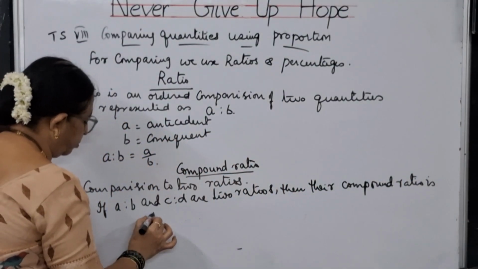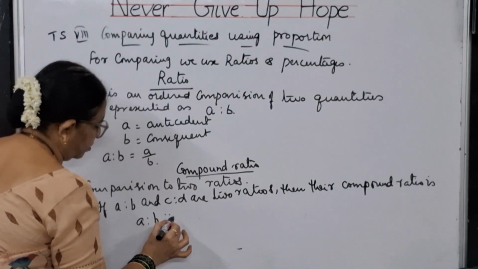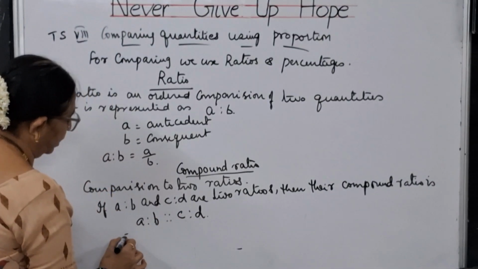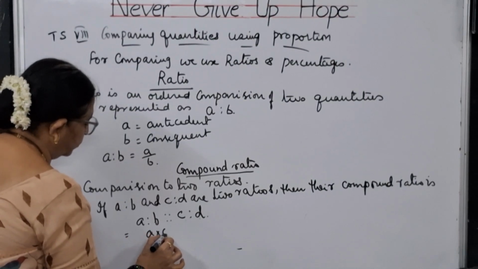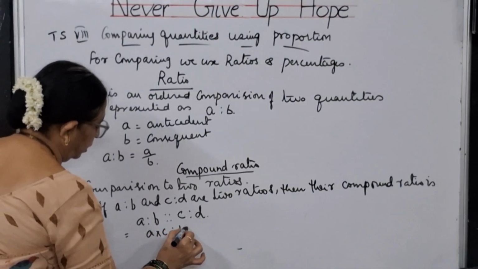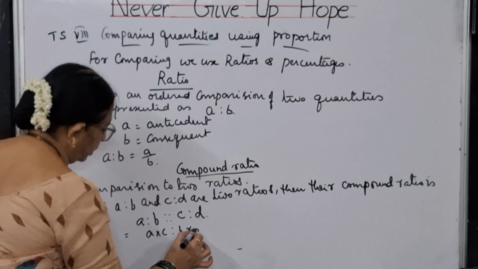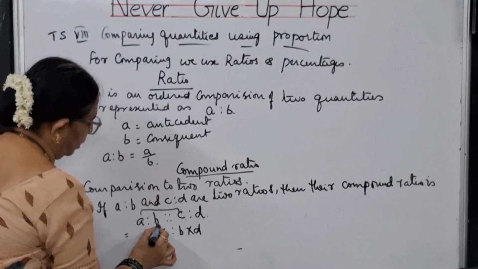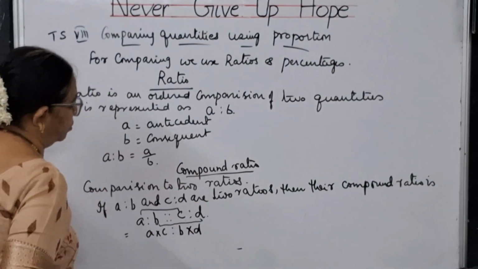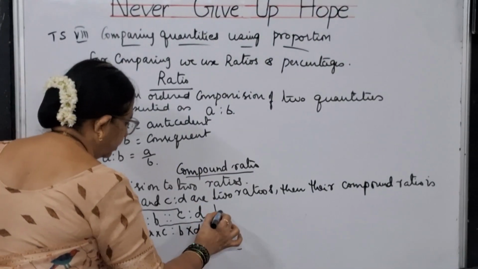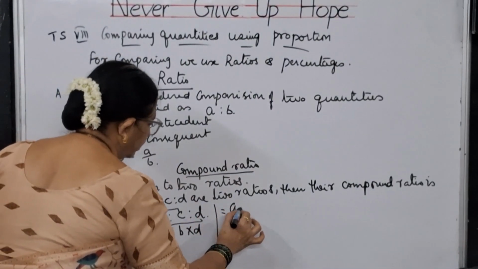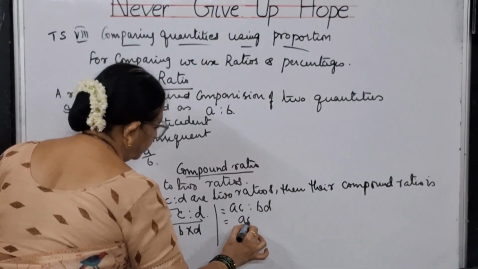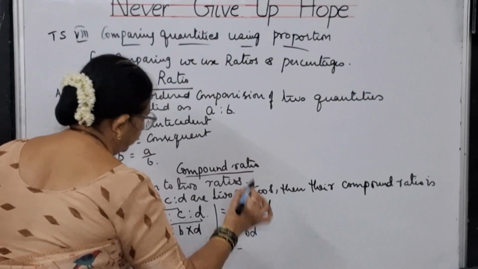A is to B is as C is to D. We will write it as A into C is to B into D. That means two antecedents you will multiply and two consequents you will multiply. So what are you getting with this? AC is to BD. This can also be written as AC by BD.